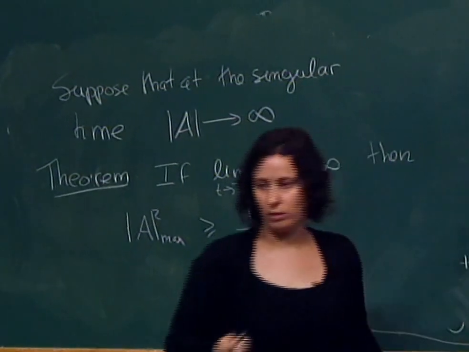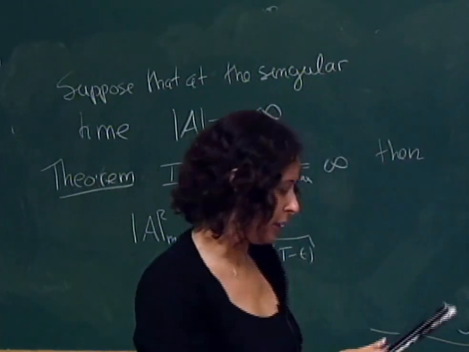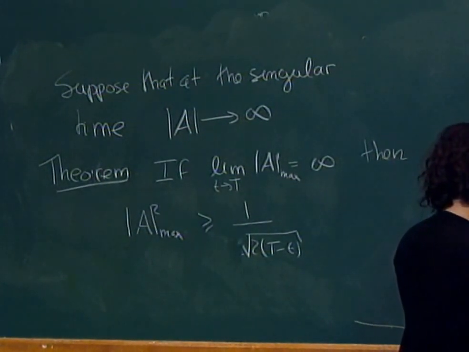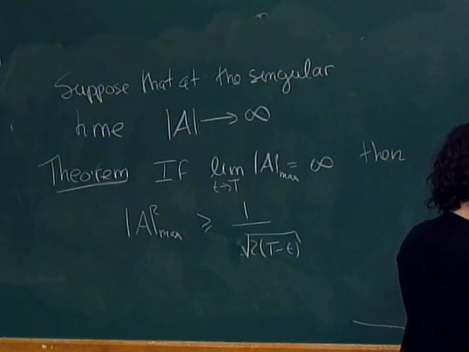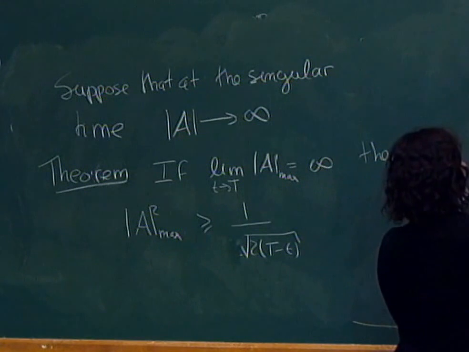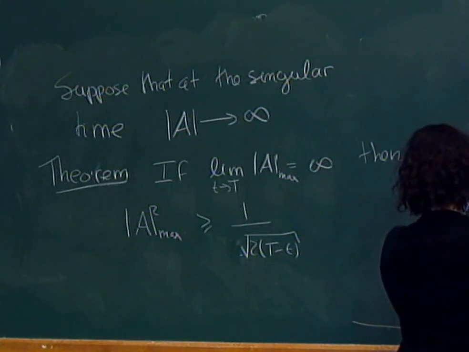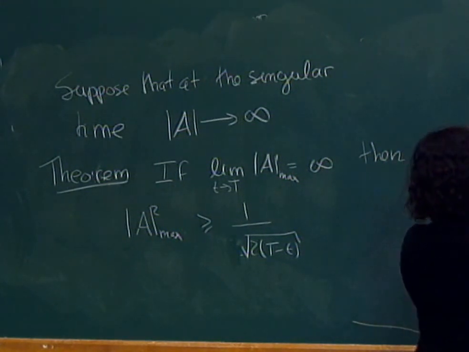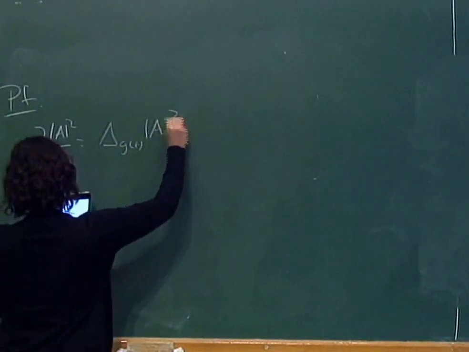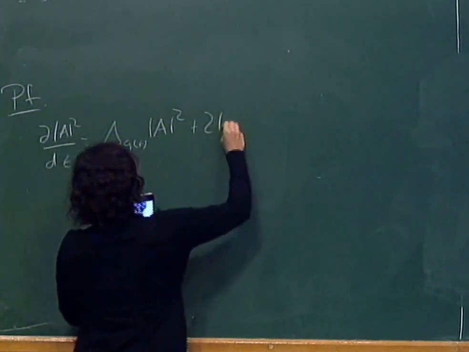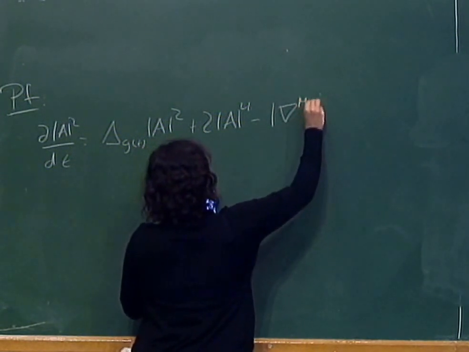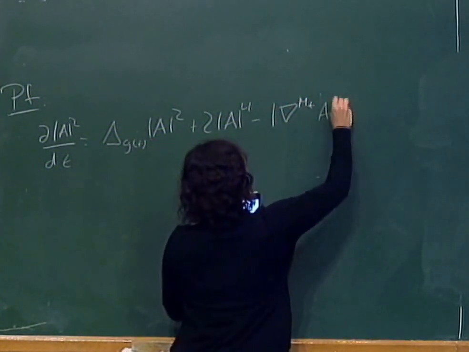Let me remind you what the equation for A was, because I shouldn't have erased it. What I wrote before was that d of |A|² over dt was equal to Laplacian of g_t of |A|² plus 2|A|⁴ minus something.